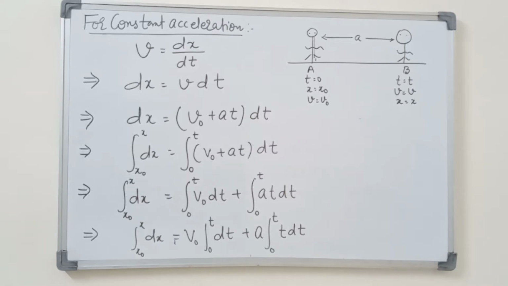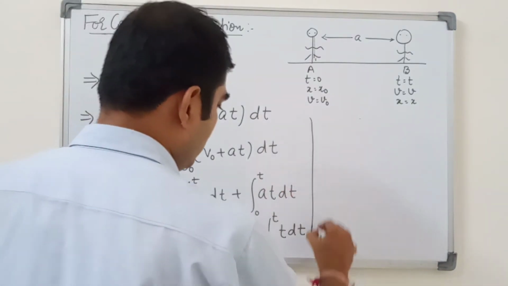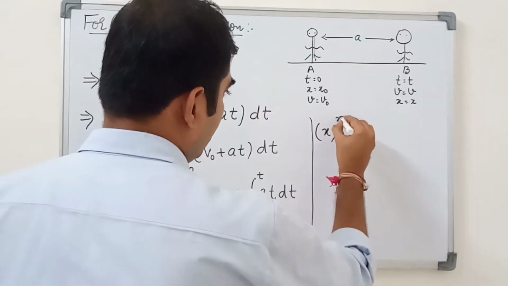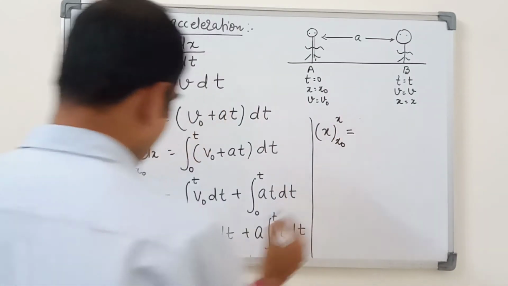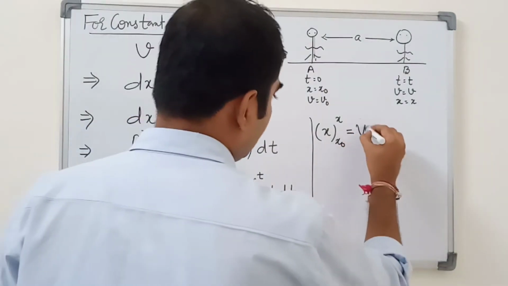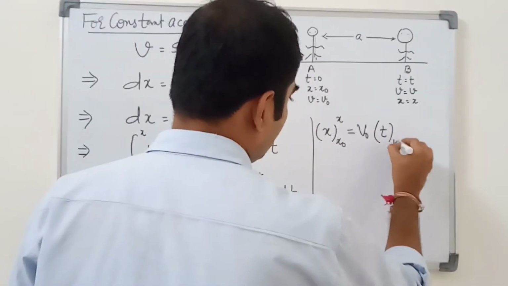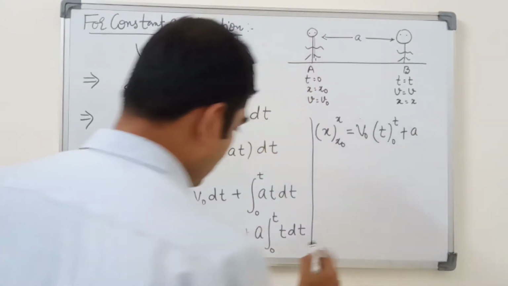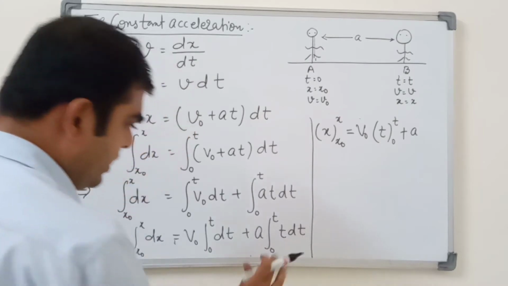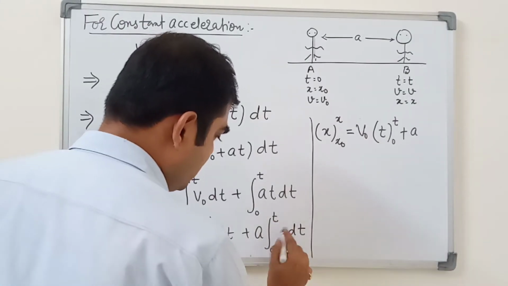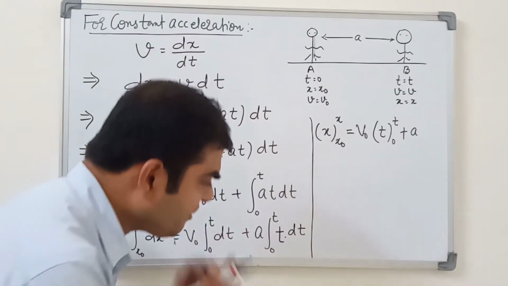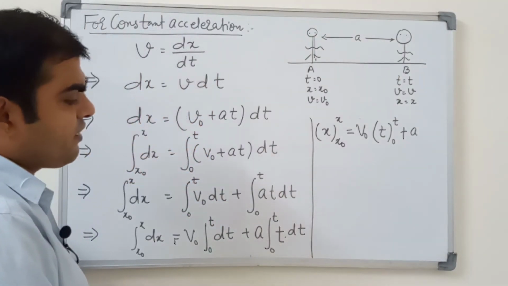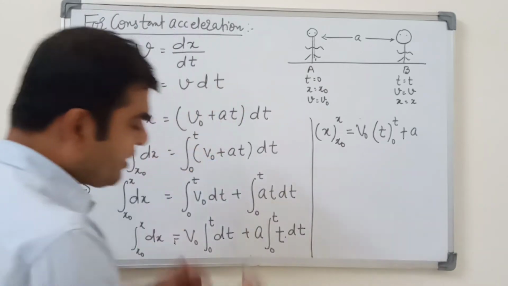Now the integration of dx gives x and x naught, the integration of v naught gives v naught times t from 0 to t, and a is constant, with t and dt. My dear friends, t is the function and dt is the differential, so the integration will be with respect to t and dt. So here we apply the integration formula.